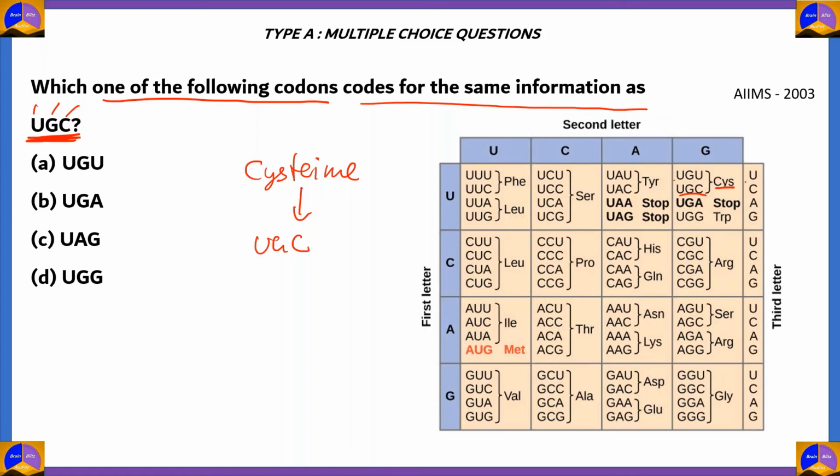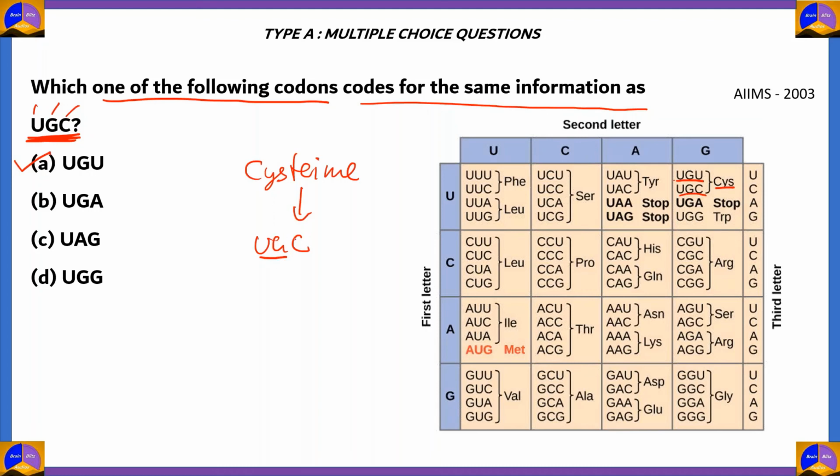And as you can see, what else codes for cysteine? It's UGU. So therefore, option A, UGU, is the right answer. Now, you can also think of it this way. U and G are the permanent stable codons which bind with the anticodon.